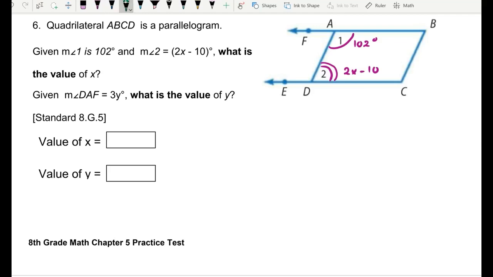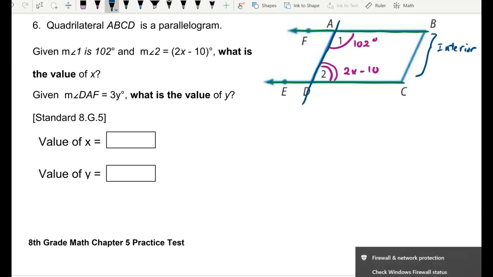As you know, if you have two parallel lines cut by a transversal, the section between the two parallel lines is the interior, and the outside is the exterior. Angles 1 and 2 are interior, and they are on the same side of the transversal.